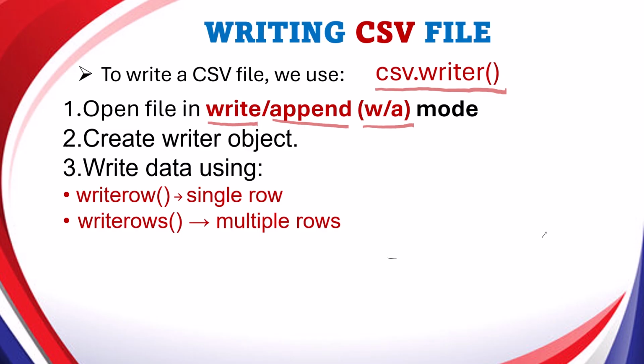First, create a writer object using the statement given here. Then for writing data to the CSV file, we can use either of these functions, either writerow or writerows. अगर आपको single row write करना है, then use writerow function. अगर आपको एक ही स्टेटमेंट के साथ मल्टीपल रोज राइट करनी है, then use writerows function for that.